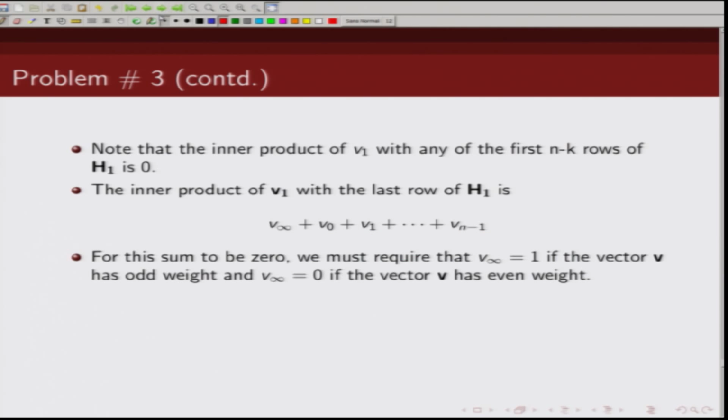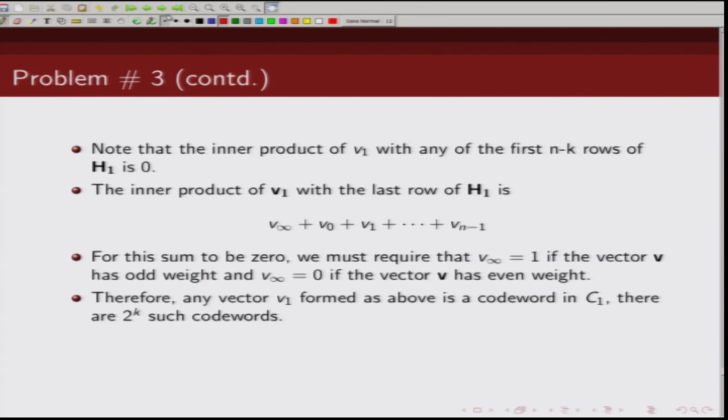So, if the sum has to be 0, what do we need? If the original code word is an odd weight code word, we need V infinity to be 1, and if the original code word is even parity, then this new parity bit should be 0. That is the proof of how we can extend the original code to construct a new code.